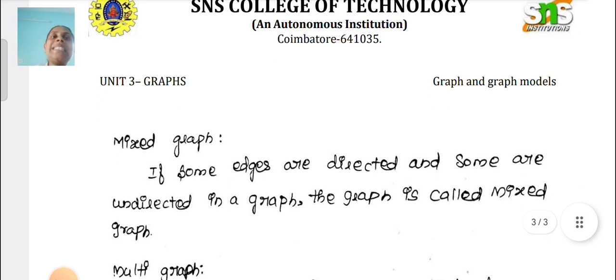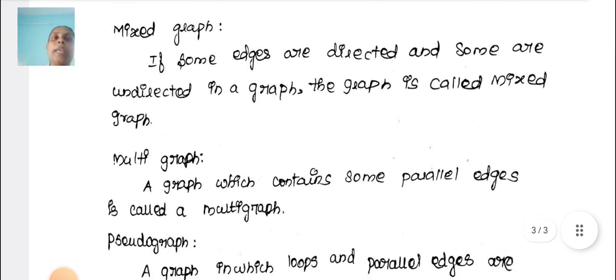Next, mixed graph. If some edges are directed and some edges are undirected, the graph is said to be a mixed graph. Next, multigraph.